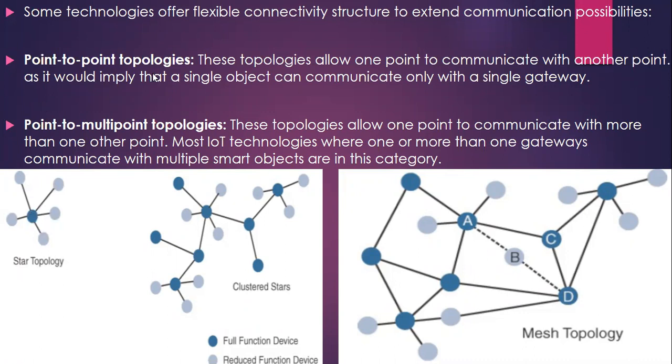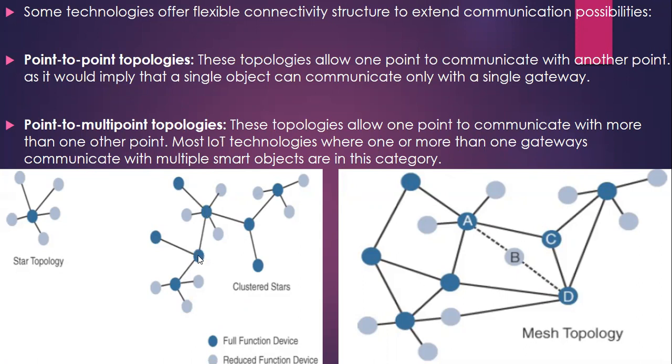Example for point to point. And one more: see these dark devices that we can observe, we call them full function devices, meaning the gateways. We have a point to point connection between the gateways, but we also have point to multi-point between the gateways. So this point is connected to here also, and here also.